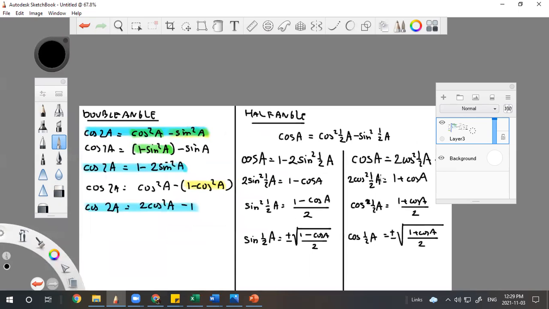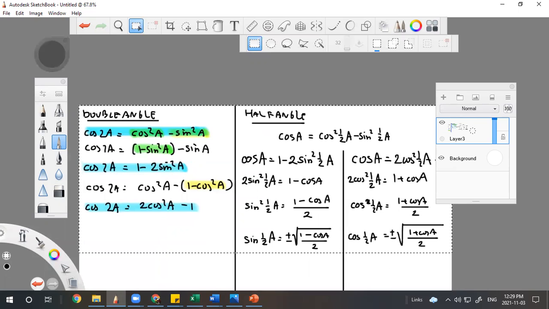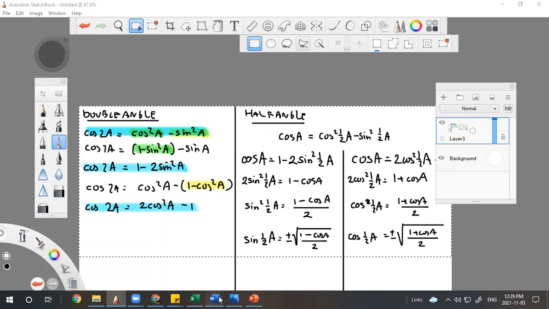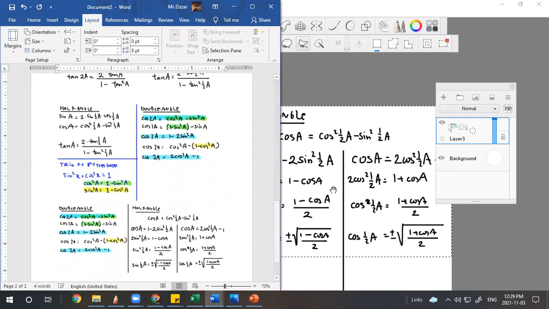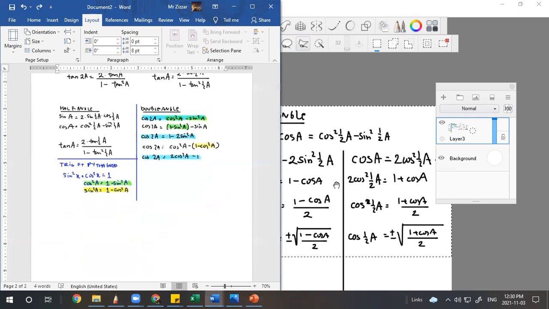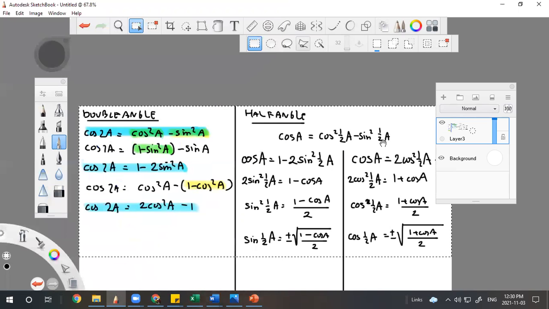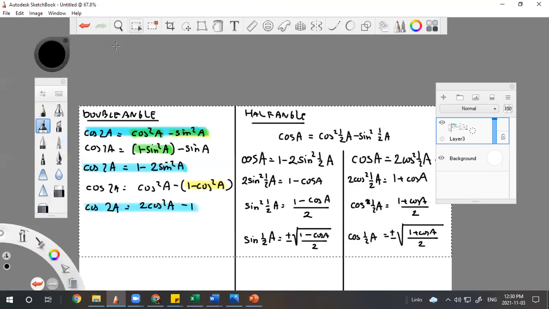How about tangent? We haven't done the tangent, but let me show you how it will be done with tangent. Wait, guys, I think I need to put the highlight here.